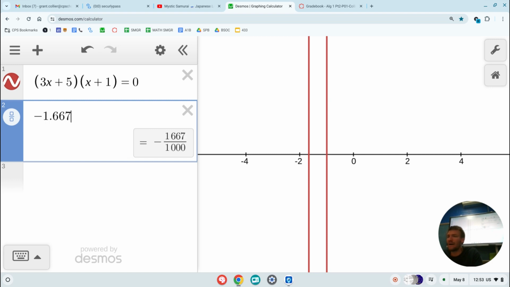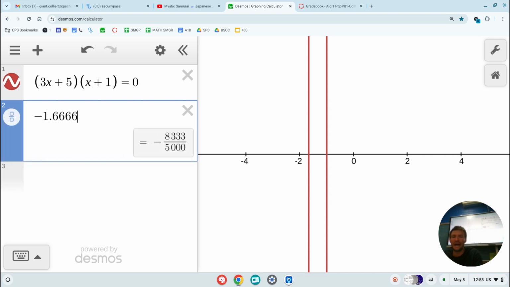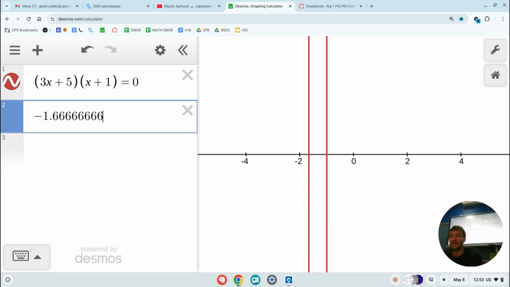Now, DESMOS rounded it to a 7, and so what we can do is backspace, 6, 6, 6, and every time we add a 6, the number is getting a little more accurate. Now, there's one moment in here where you start to feel like, Mr. Collier, are you going crazy? Because we have this fraction, which is getting bigger and bigger, and then it just disappears.